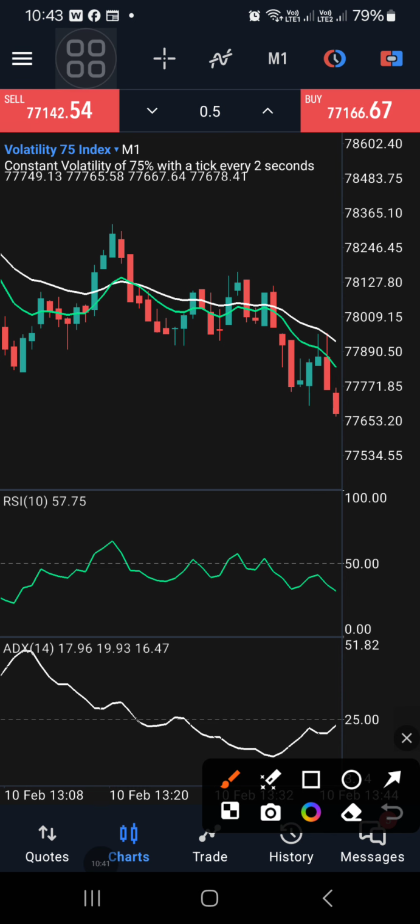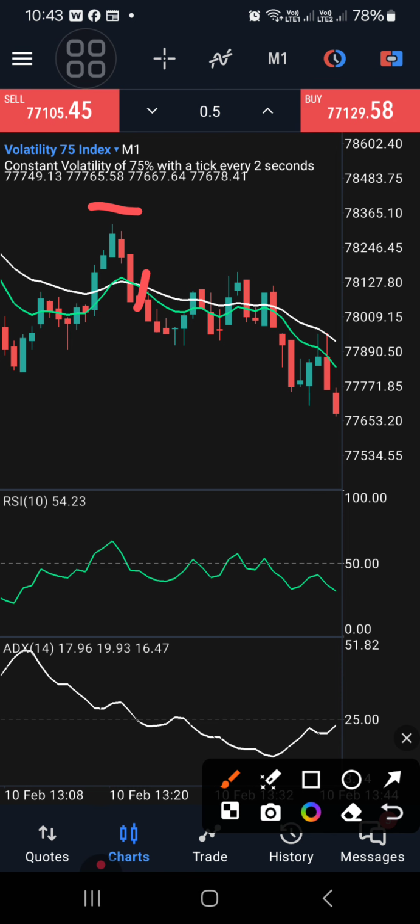So if I enter a sell around here, my stop loss is going to be just above that recent swing high. I'll use that as my stop loss, and I'll multiply by 2 to get my take profit.